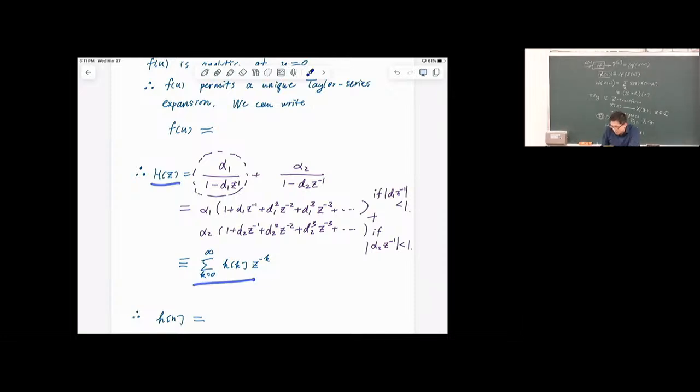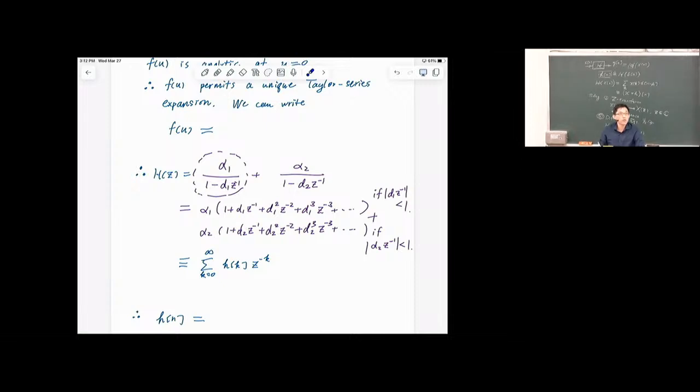Actually, by definition, H of z relates to the impulse response in this expression. This is how the Z transform is originally defined. So on one hand, we have this equality. On the other hand, we have the equality by definition. It turns out that any function can have only one Taylor series expansion.